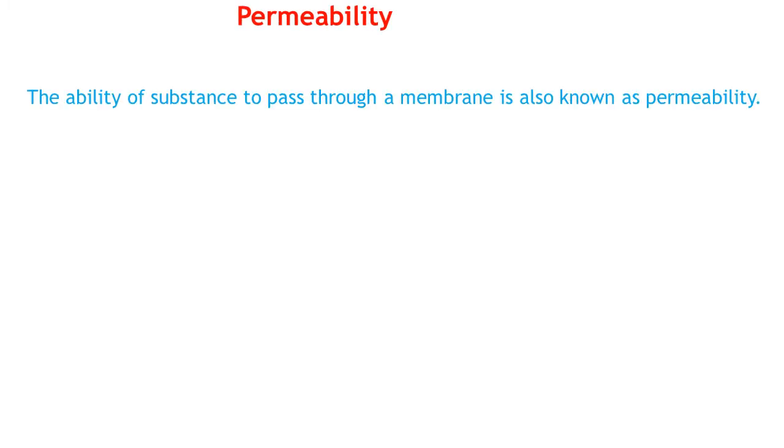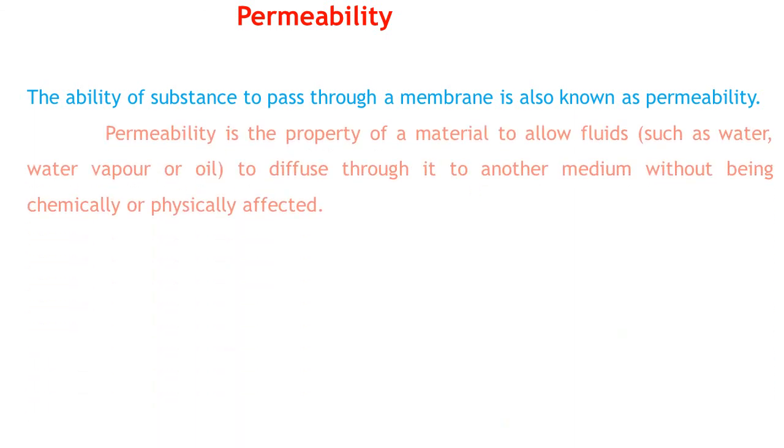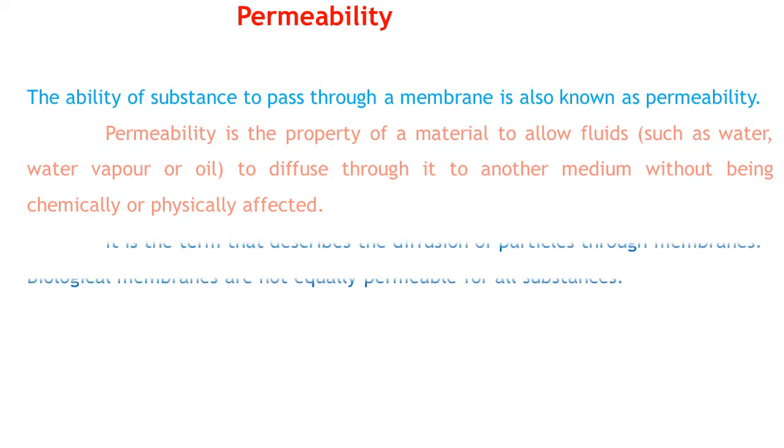Permeability. The ability of a substance to pass through a membrane is also known as permeability. Permeability is the property of material to allow fluids such as water, vapor or oil to diffuse through it to another medium without being chemically or physically affected.